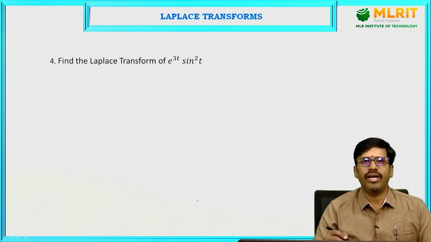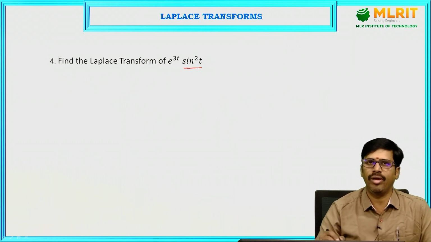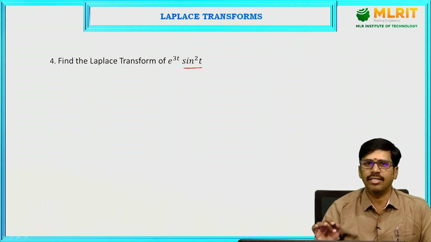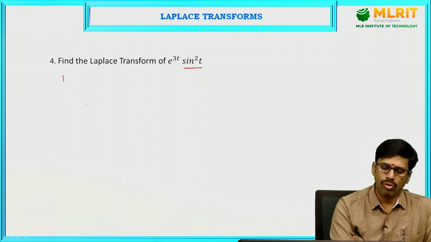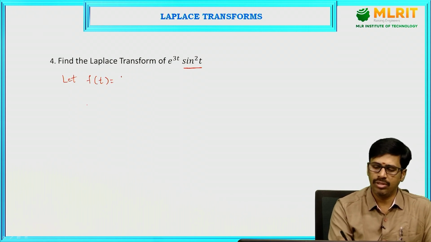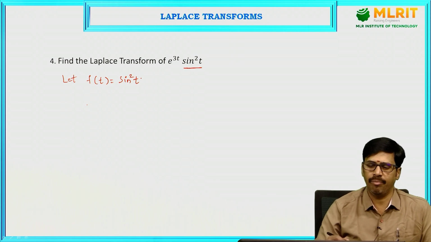Now, let us see, find the Laplace transform of e power 3t into sin square t. Other than e power a t, whatever function is there, let us assume it as f of t. So, what can we assume here? f of t is equal to sin square t. For this function let us find the Laplace transform, then apply the first shifting theorem.